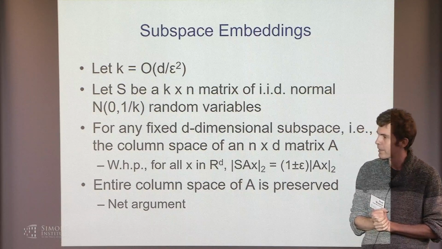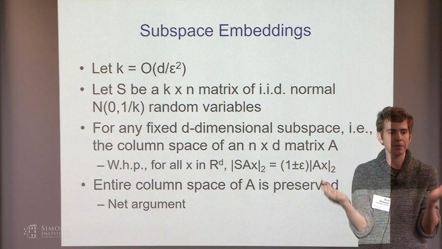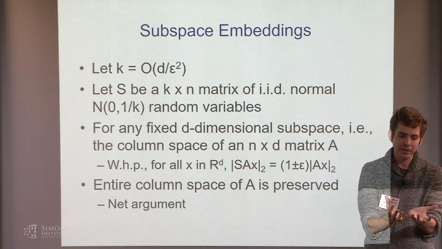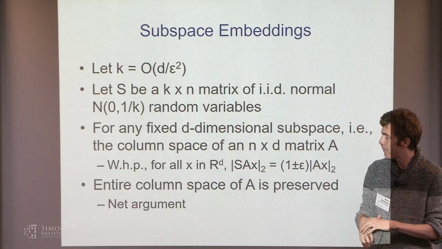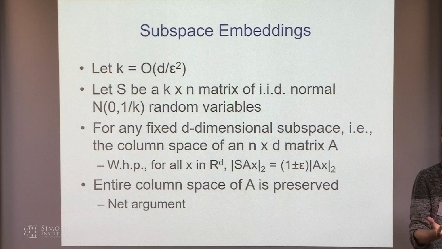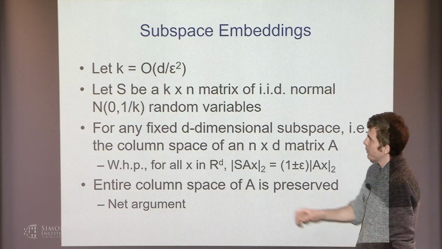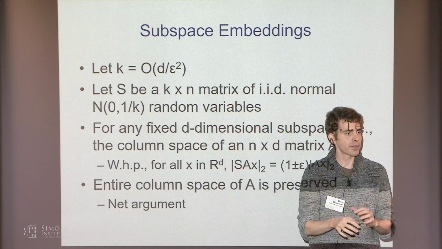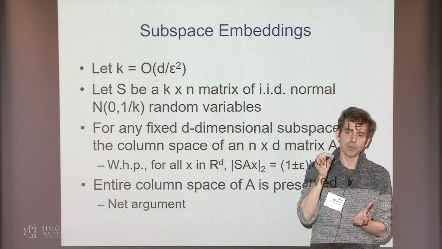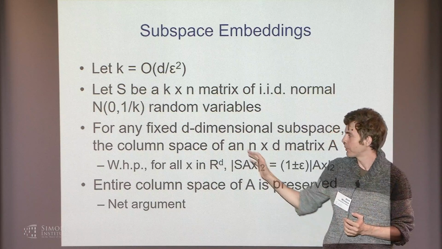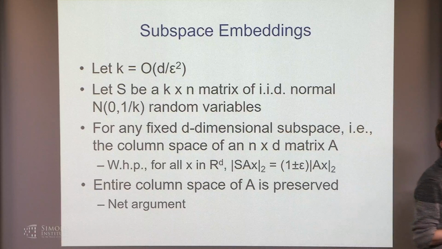But the rough idea is to take your d-dimensional subspace, the column span of A, and discretize it with a sufficiently fine net, a finite set of roughly 2 to the d points in the subspace. You show that this matrix S preserves the norm of all of those points. Since those points are sufficiently fine, any other point in your subspace is close enough to one of these points, and therefore this holds for all vectors in your subspace. That's the rough idea.